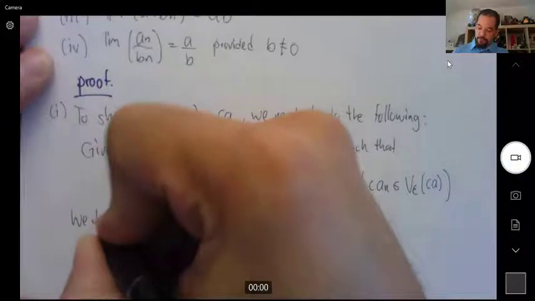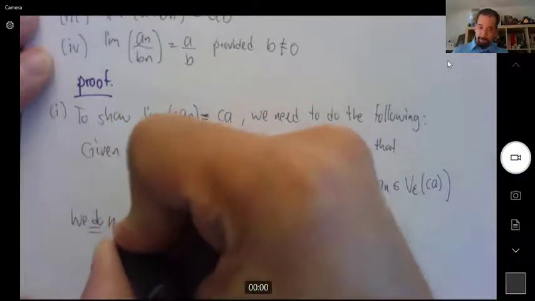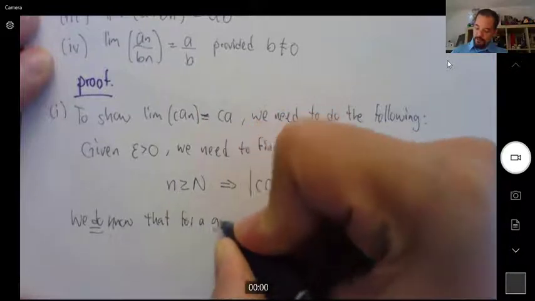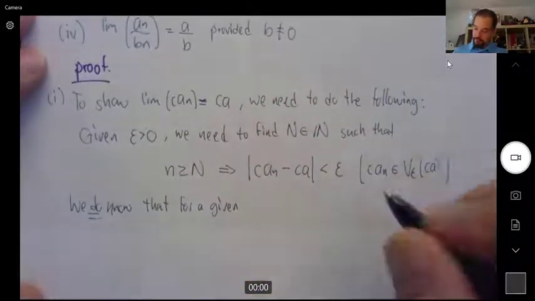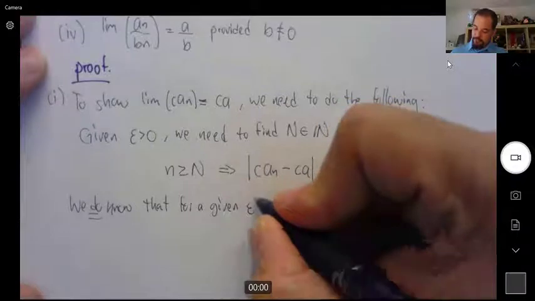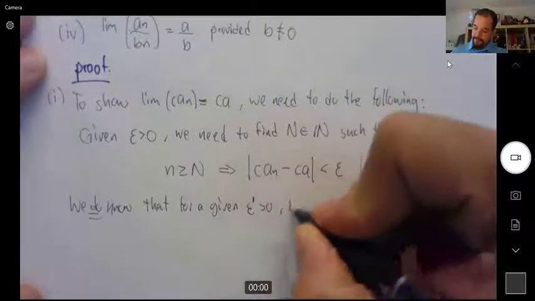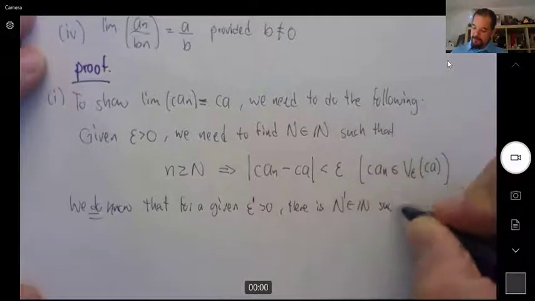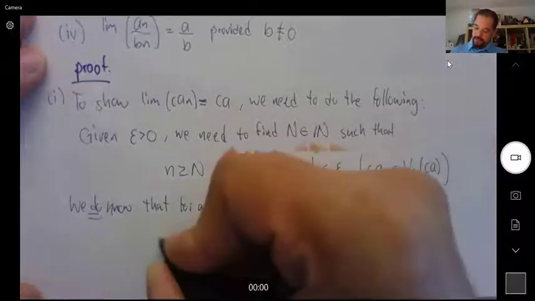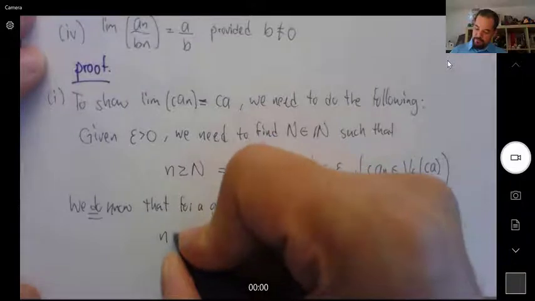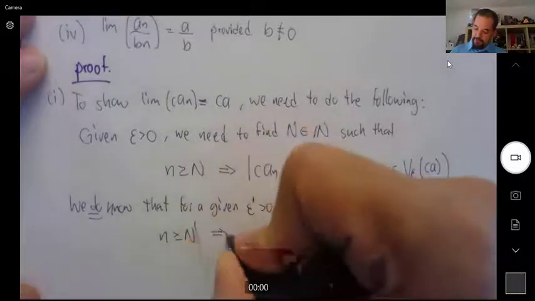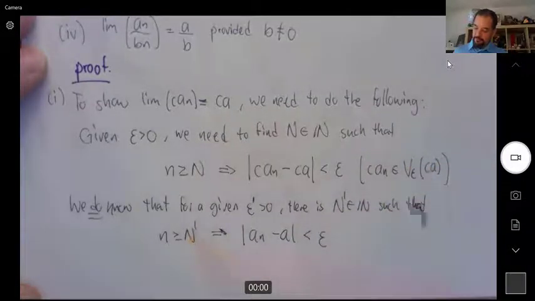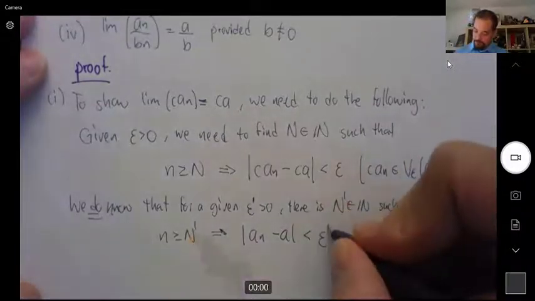We do know that, for a given, let me give it a different name so we don't confuse ourselves, for a given epsilon prime, there is n prime such that if n is bigger than n prime, then |AN minus A| is less than epsilon prime, right?